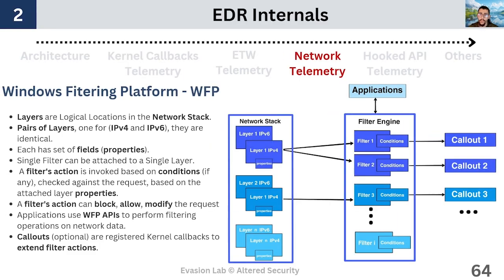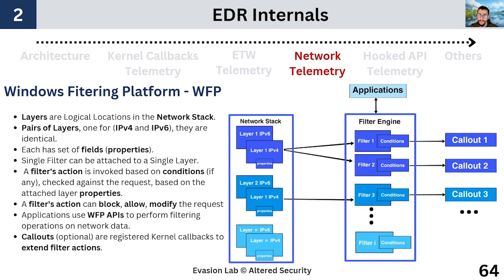Now let's take a look at network telemetry. The Windows Filtering Platform (WFP) is a system used to control and filter network traffic. It's built on layers, which represent logical points in the network stack. Each layer has a pair, one for IPv4 and one for IPv6, and contains fields, properties that store network data.